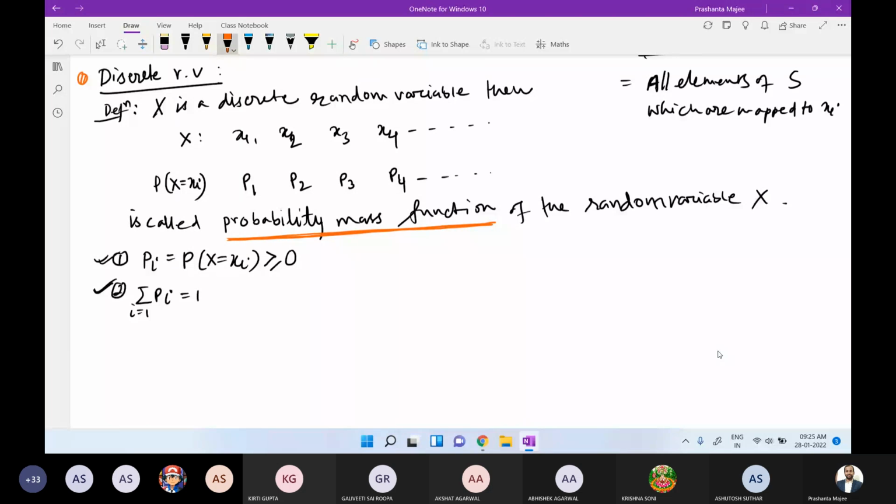A few more results we are going to consider. It was the probability mass function, next is the distribution function, the cumulative distribution function. So this particular function is called the cumulative distribution function.